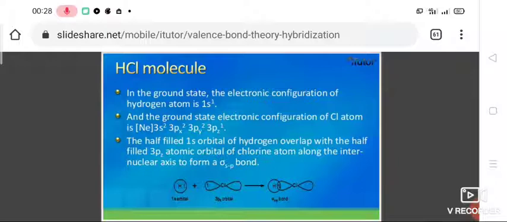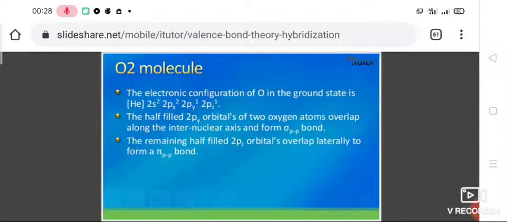The half-filled 1s orbital of hydrogen overlaps with the half-filled 3pz orbital of chlorine along the internuclear axis to form a sigma sp bond. So s is symmetrical, p is dumbbell-shaped, both overlap and form that sp bond. In that sigma bond, an s and a p orbital are combining.